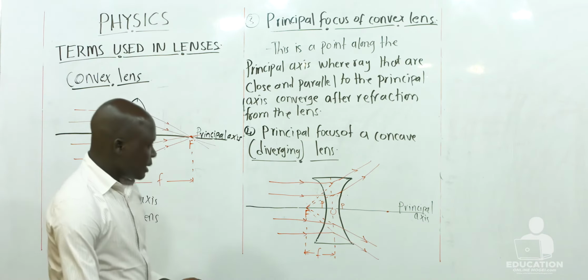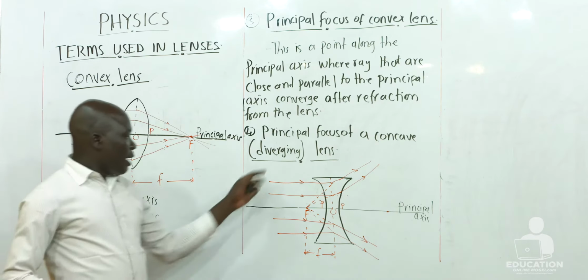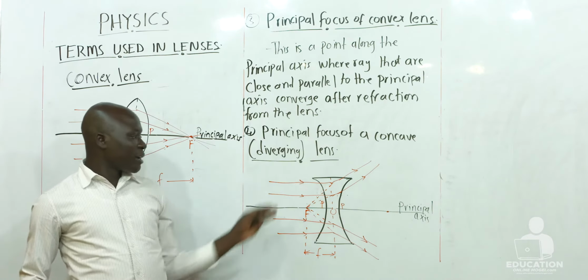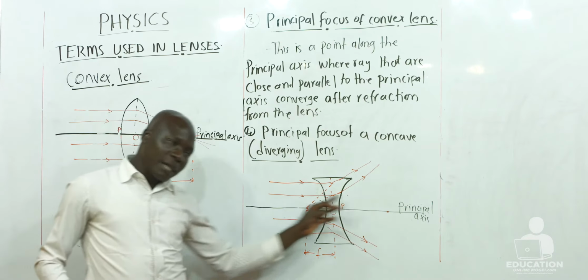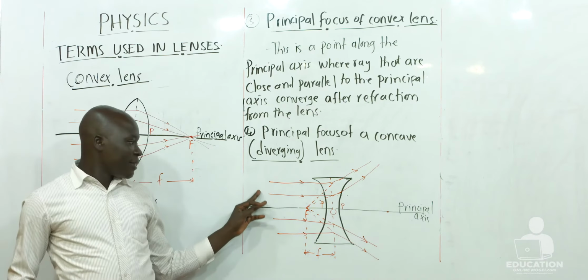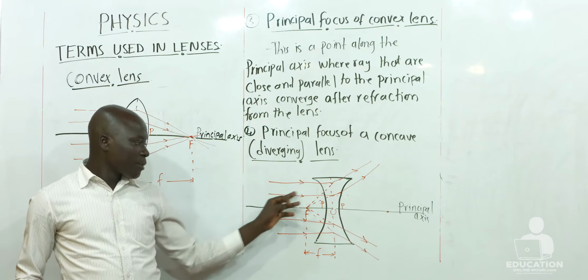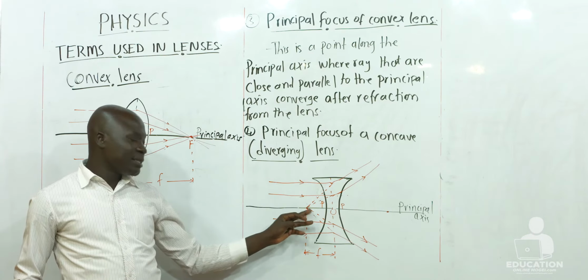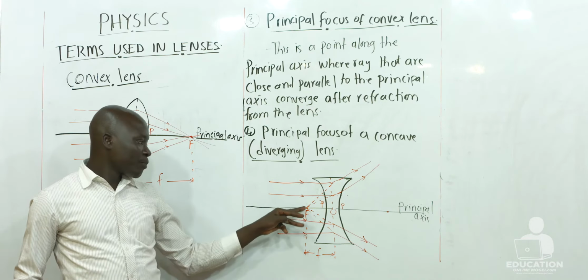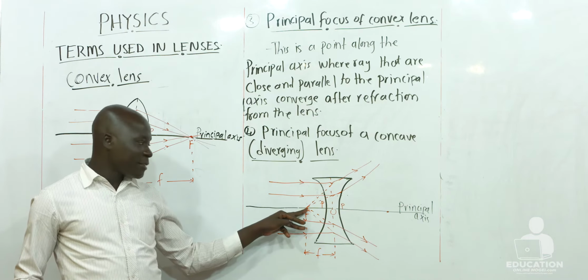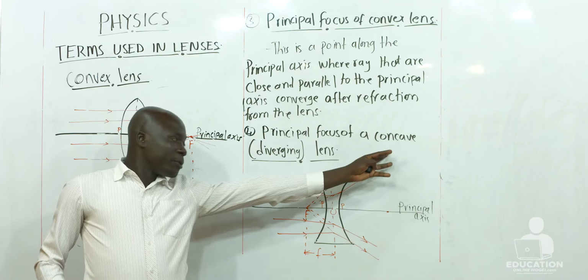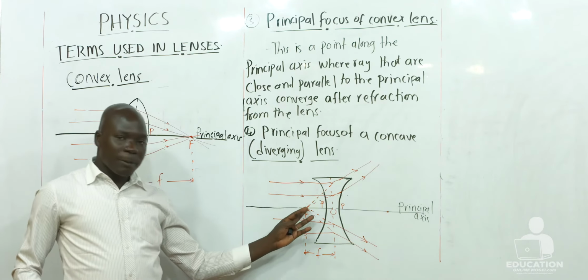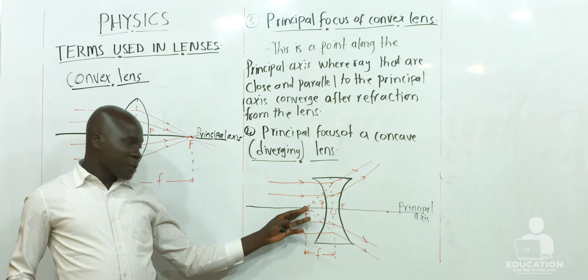Dear learners, the principal focus of a concave lens is a point along the principal axis where rays that are close and parallel to the principal axis appear to diverge from after refraction. When someone looks at the ray from this point, the ray will appear to be coming from a certain point along the principal axis.